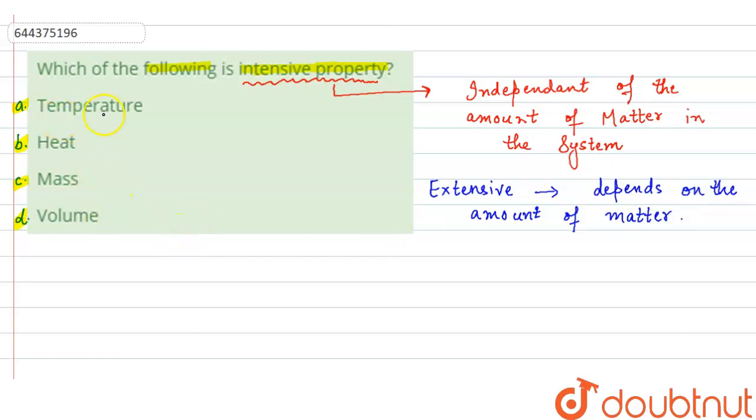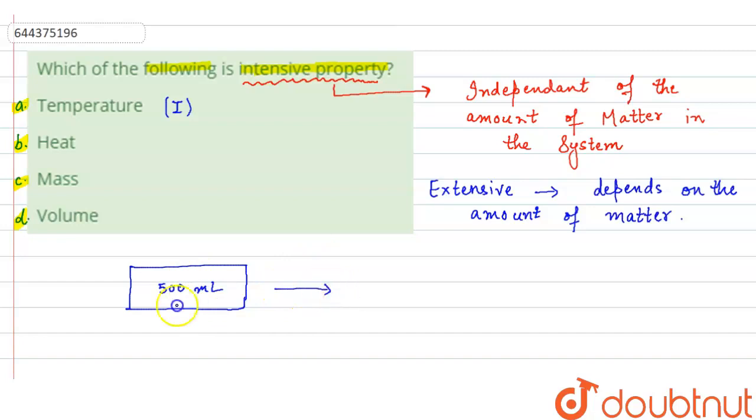First one is temperature. So temperature basically is an intensive property. It does not depend on the amount of matter present in the substance or system. Suppose we have a container in which we have 500 ml water, or you can take any 500 ml liquid.